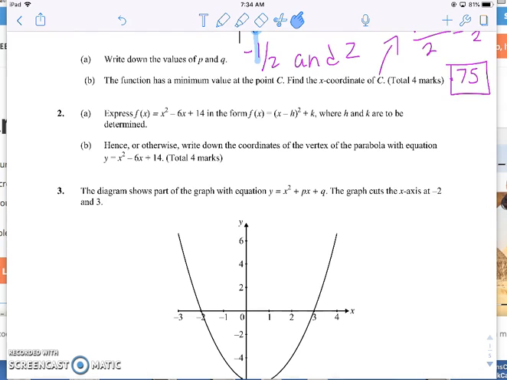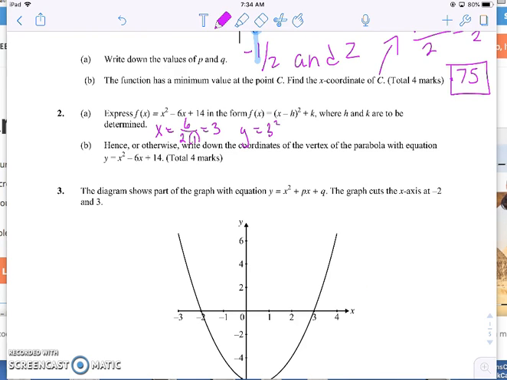The second one here says express x squared minus 6x plus 14 in the form x minus h squared plus k, where h and k are to be determined. Basically this is saying find the vertex. So the x coordinate is the opposite of b over 2 times our a value. So that's going to be 3. And we can plug it in to find our y coordinate.